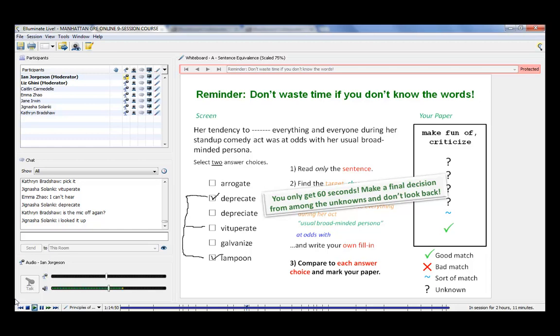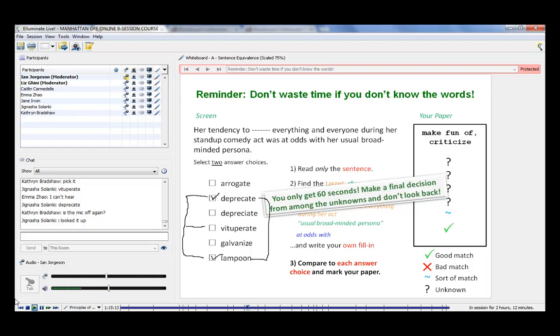It's close, but it doesn't have the same idea of insulting or making fun of someone. It simply means to criticize someone, which might be making fun of them, or it might just be, hey, you did a bad job. So we would originally have had a false triple here, and then realize deprecate and lampoon were the true pair, and vituperate is out.